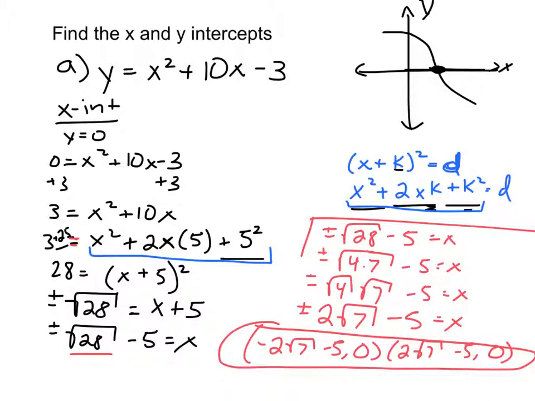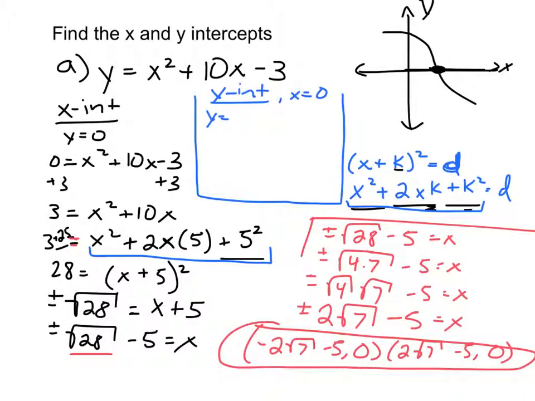Next I need to find the y-intercept, which is much easier. To find the y-intercept, I'm going to plug in 0 for x. So I'll have y equals 0 squared plus 10 times 0 minus 3.